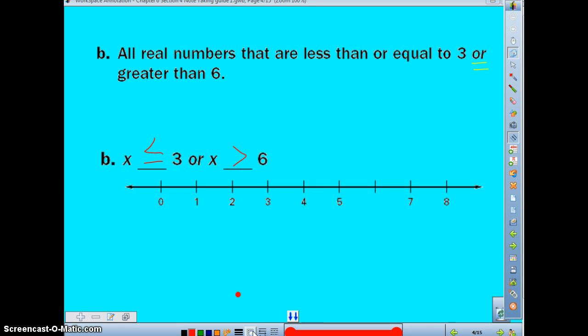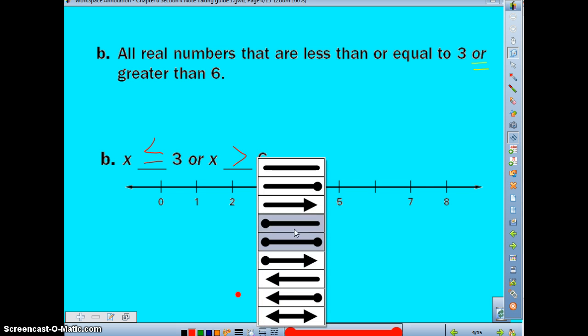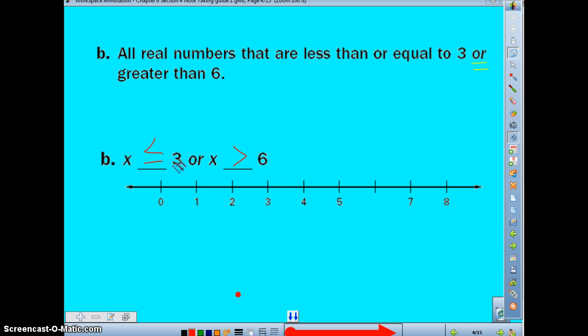And for this line, I'm going to have to change it right here, and I'm going to go with this guy. And so we're going to start at 3. Our variable's on the left. If our variable's on the left, it's going to point in the right direction. So we're going to start there, and it's going to go that way. And then we have x is greater than 6. So we're going to go right here to the 6, which for some reason is missing. We'll go ahead and just put that guy right there. All right, there's one thing I forgot to do.